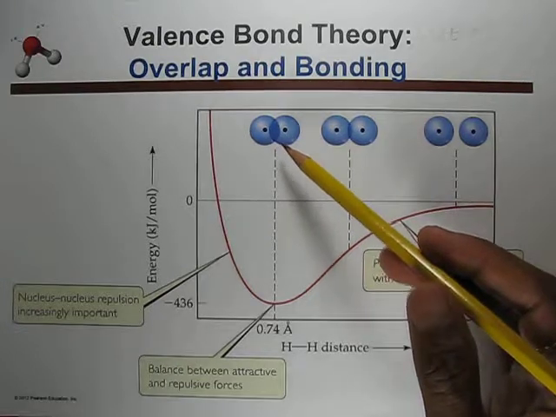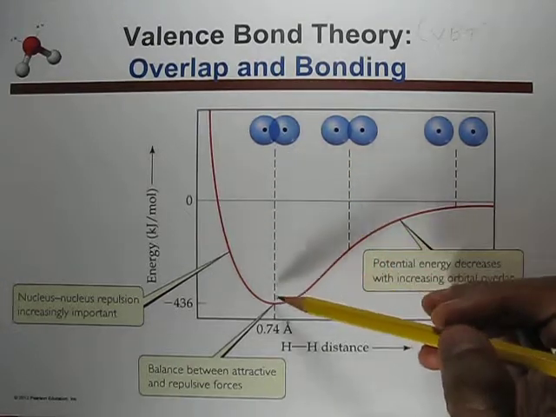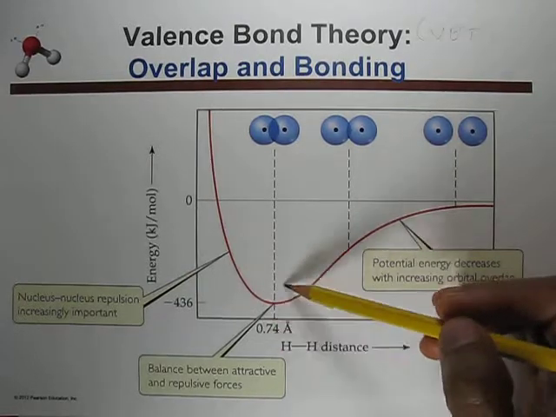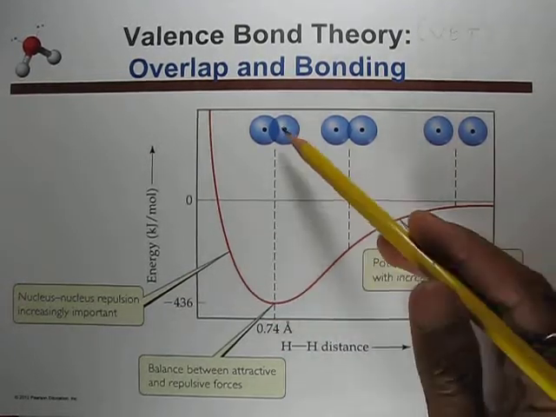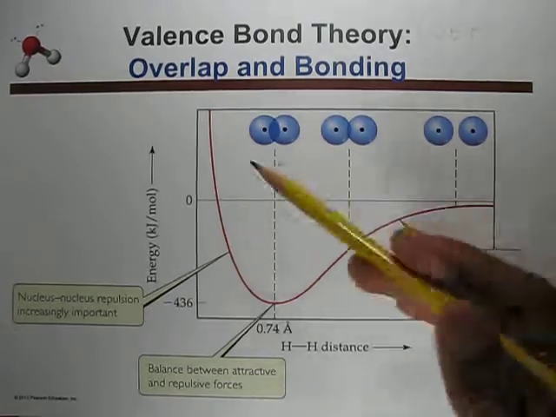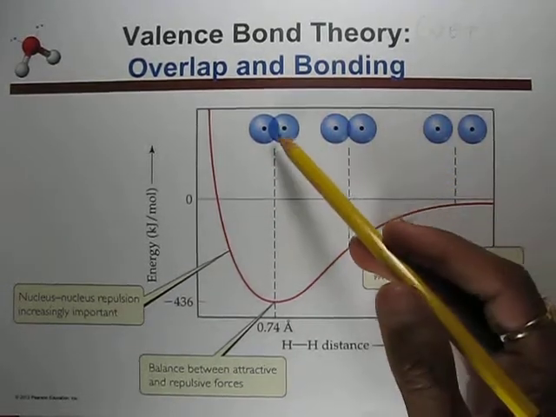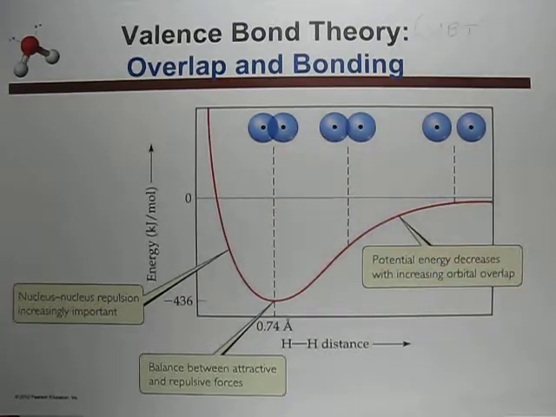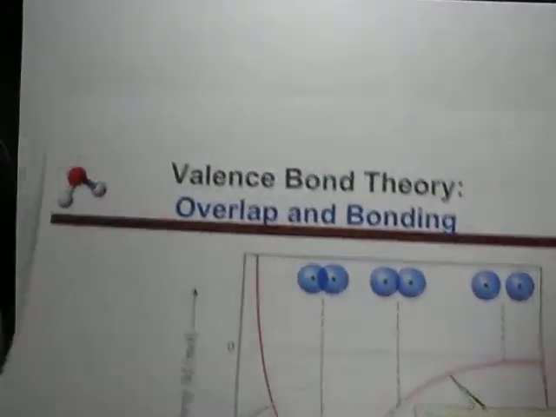At the end they come to one place where they get the minimum energy and the best overlap. At that state, because the electrons are shared, they form a covalent bond. So let's understand the VBT theory once again.